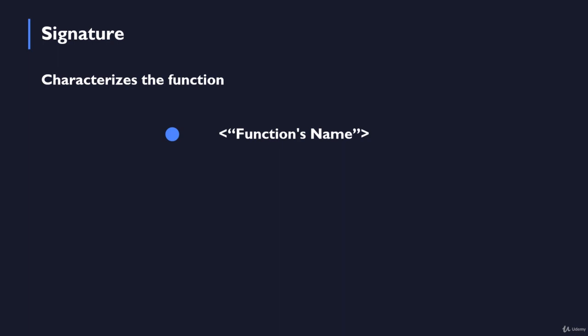And first of all, what I want to talk about in this section is that every function has its signature. So we will say that a signature characterizes the function. It simply describes the function's name, and it also describes the function's expected parameters list.